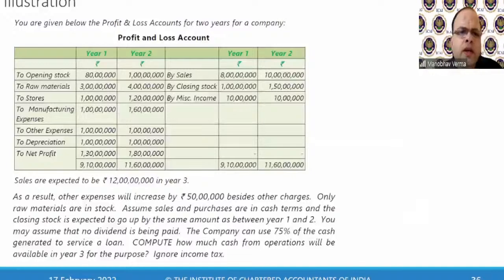Okay, so let's quickly look at a situation here. We are talking about a P&L for 2 years, so we're talking about a long-term budget here. Sales are expected to be 12 crores in year 3. As a result, other expenses will increase by 50 lakhs. Only raw materials are in stock. Assume sales and purchases are in cash terms here.